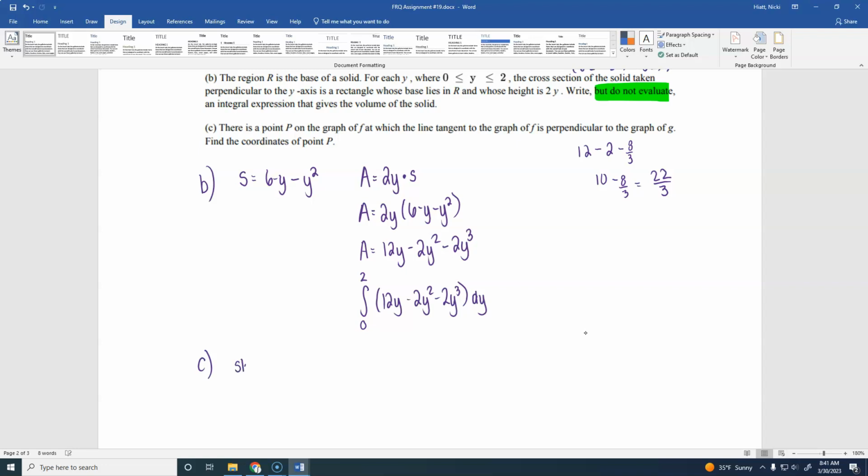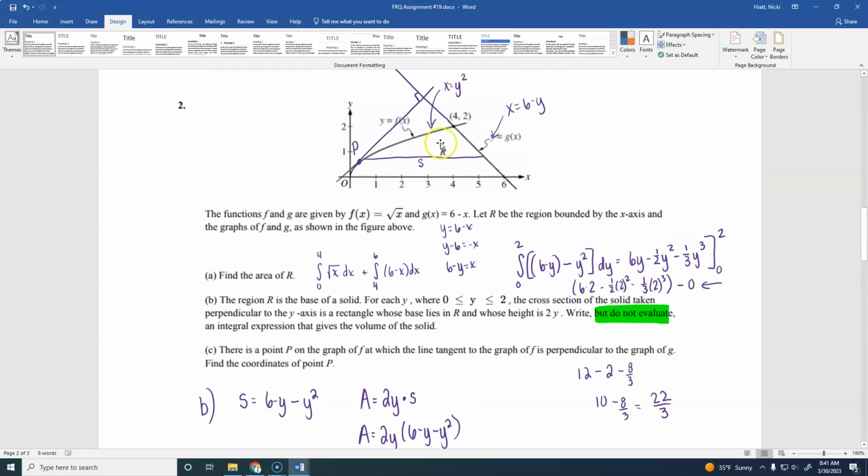The slope of G of X, if you want, it's G prime of X. It is going to be -1 because it's just 6 minus X, so it has a slope of -1. So your perpendicular slope, what is it going to be? 1.